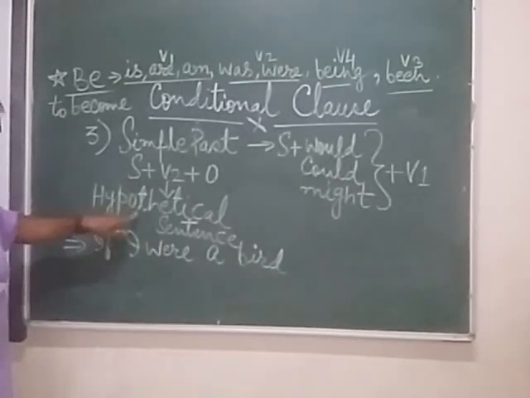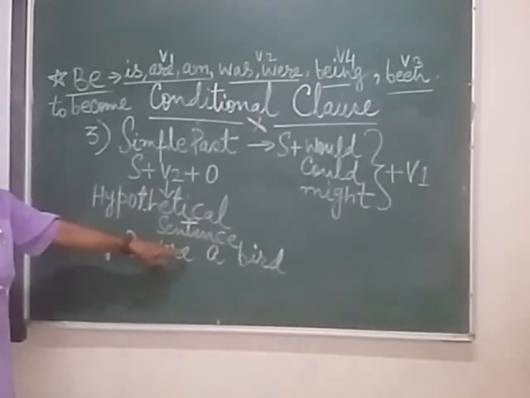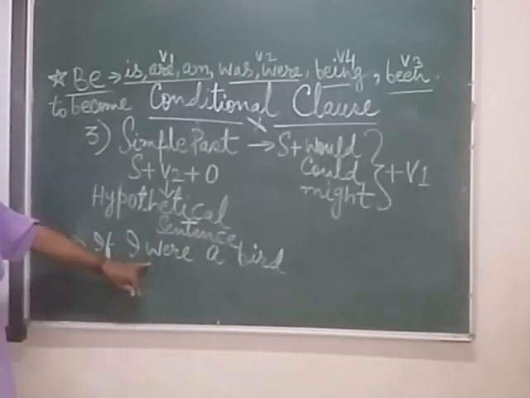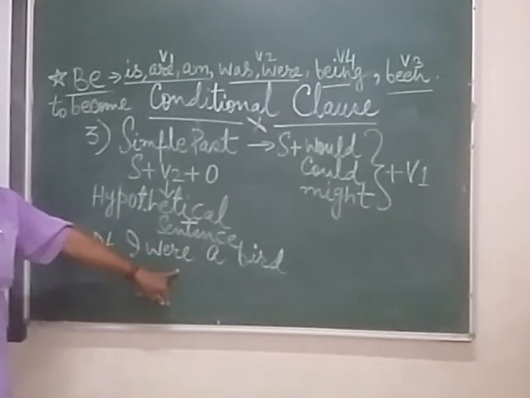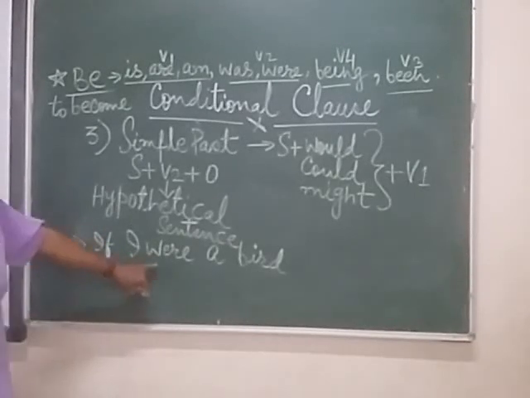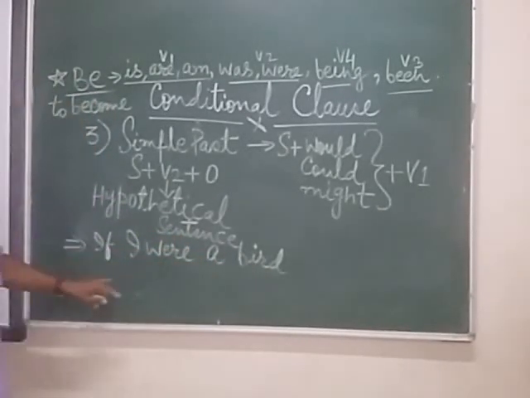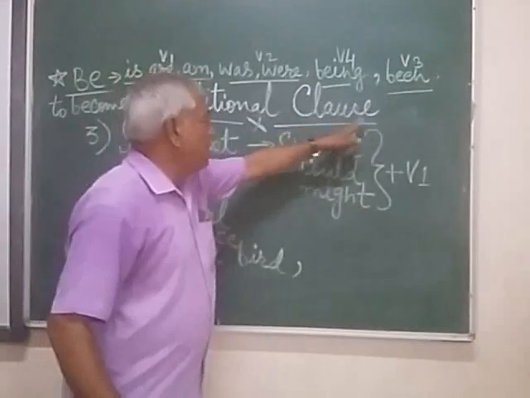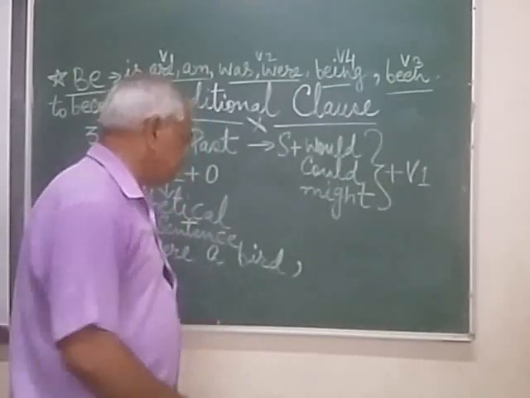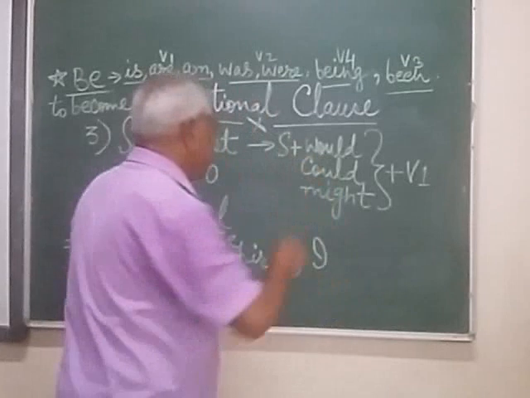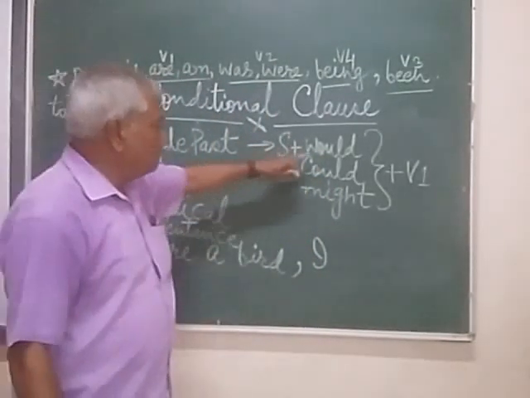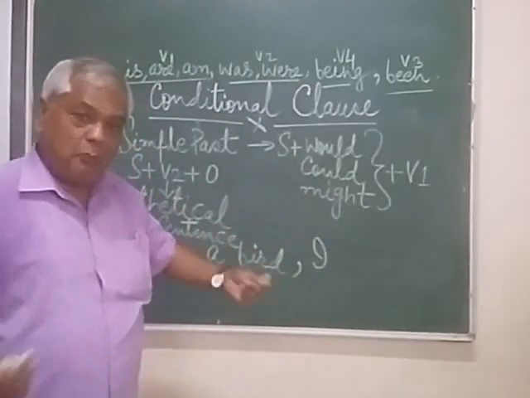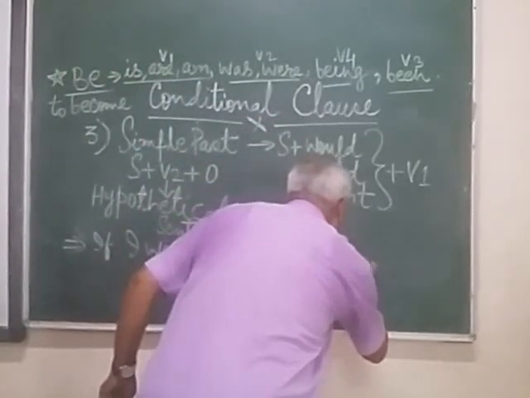But in the case of this hypothetical sentence, which is known as an unreal sentence, we always use the word were. So this is actually from the simple past tense. If I were a bird. This is the first sentence, and the next sentence will be on this structure. Subject is I. Now from could, might, any modal that you can use, say for example could.